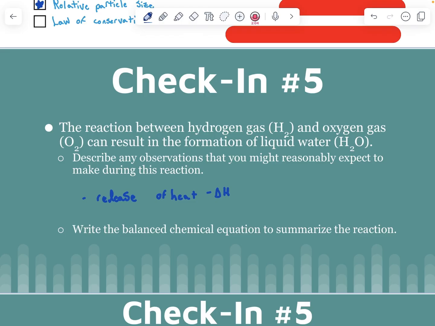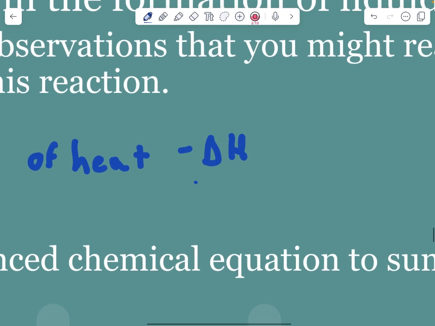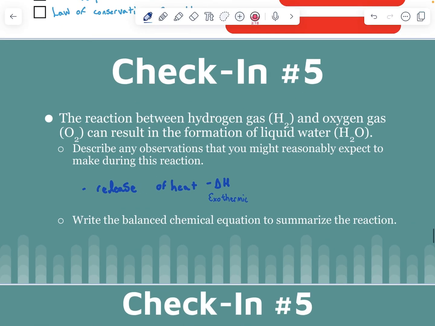So we're going to see a release of heat or chemical energy that comes in heat, and we're going to have a negative delta H, which all that means is that our reaction is exothermic, and we haven't looked much at that yet. We'll see some stuff about that in a future chapter.